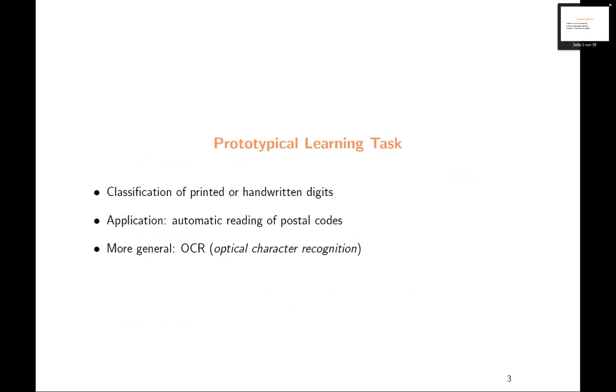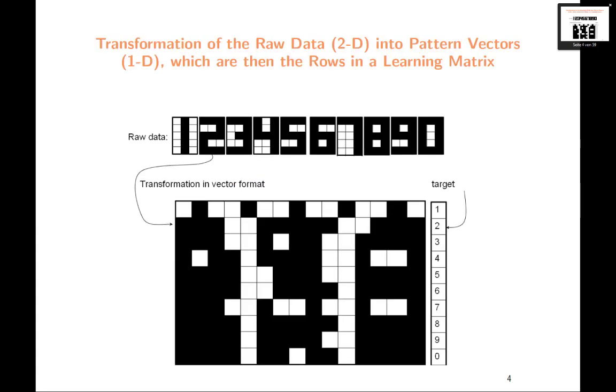So we are considering now a prototypical learning task, which is the classification of printed or handwritten digits. So for example, a zip code on a letter. So the application is, for example, the automatic reading of postal codes, or more general problem, OCR, optical character recognition. So here is an example on the top.